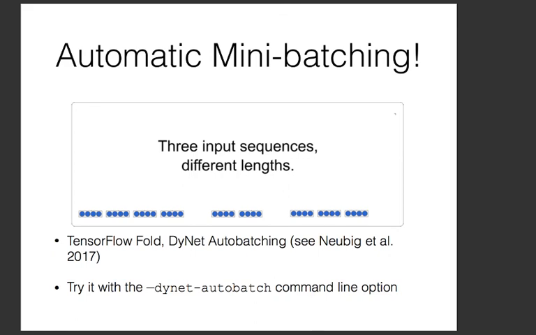And there's a couple implementations of this. There's TensorFlow Fold, which does this, but in order to use it efficiently, you kind of need to use special operations. And then the DyNet auto batching, the way it works is you write a for loop over the things that you want to process, and then you turn on a command line option, and it automatically finds things for you.